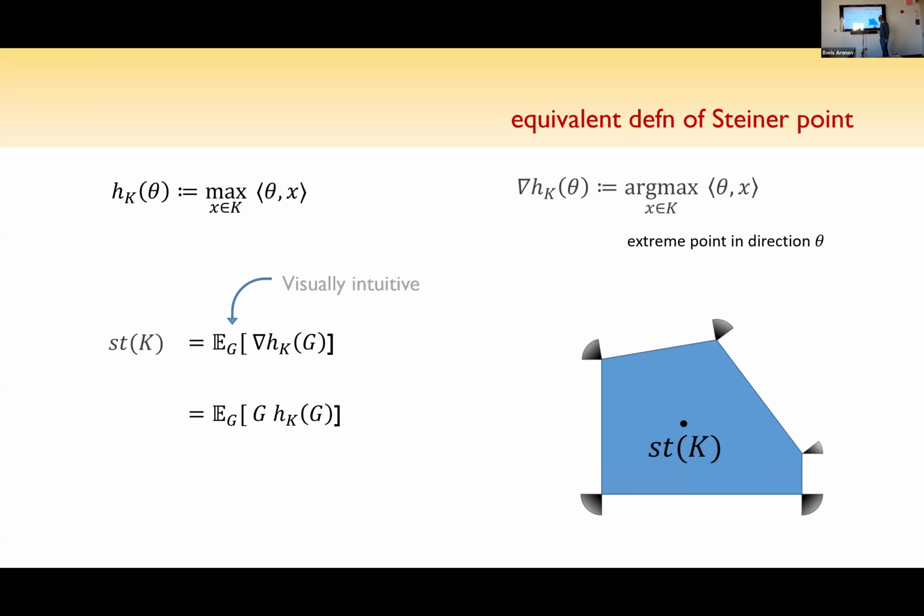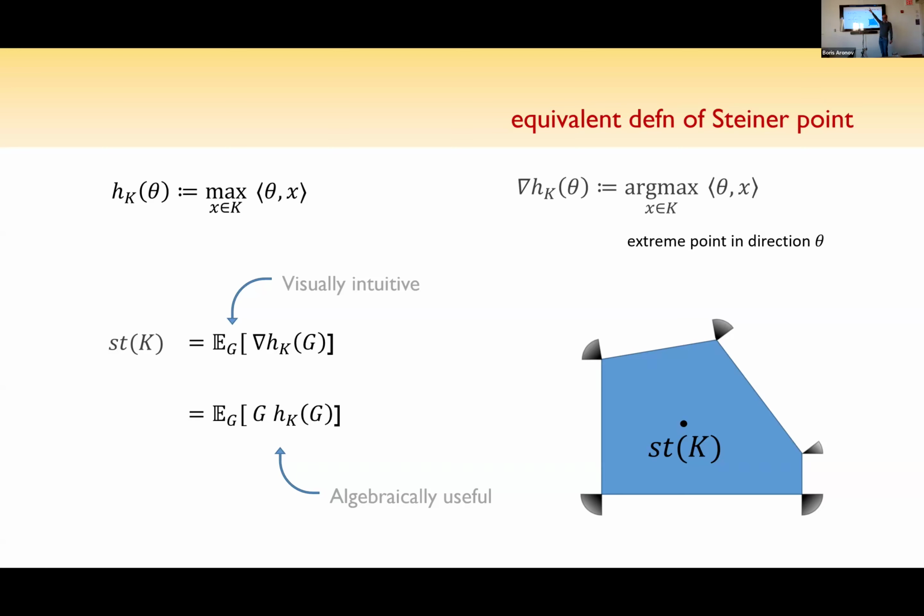Sorry, you can hardly see what's written, but anyways, this is kind of visually intuitive. This is the weighted average of the corners. So by the way, this already shows that the standard point is a point inside the body. This weirdo definition gives you no indication of any such thing. But since they're equal, this is a point inside the body. And this is algebraically there. So we're going to use this. So what's the value?